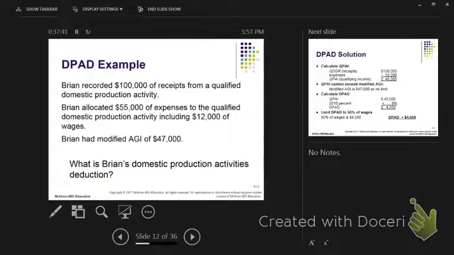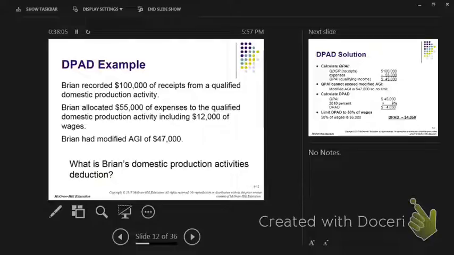$6,000 of a subsidy. I keep saying subsidiary. $6,000 of a subsidy. So we have $45,000 of profit, modified AGI of $47,000. We cannot exceed 50% of the $12,000, or $6,000 total.